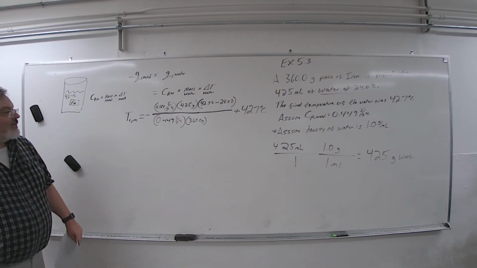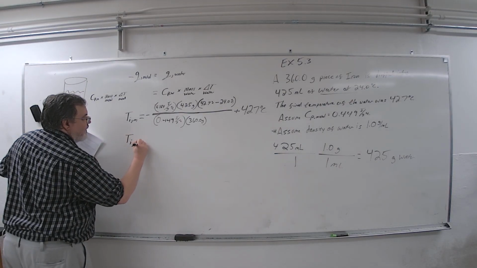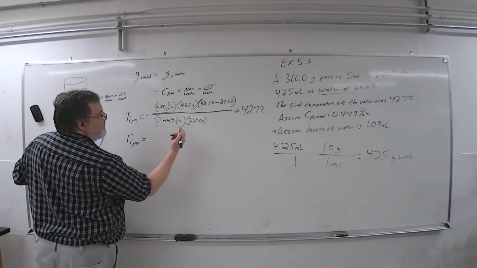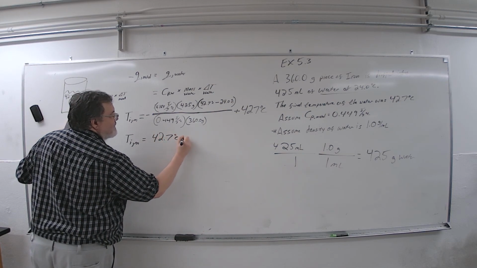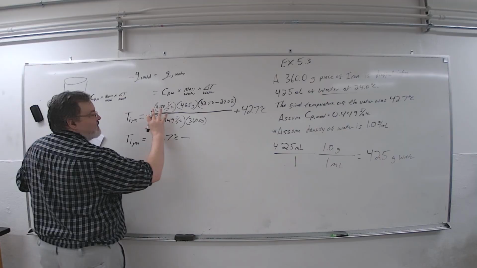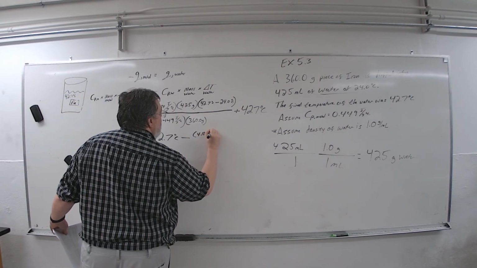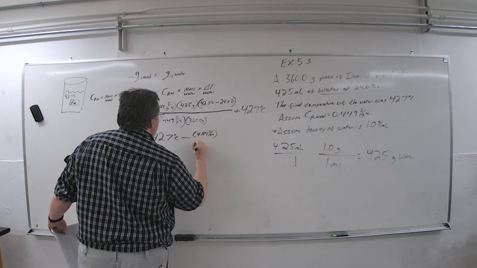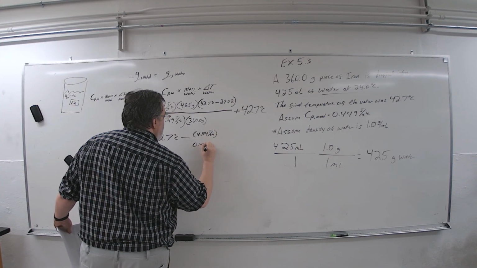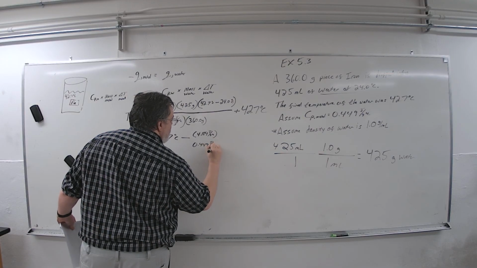What else should I do? As long as I'm being fancy, equals. I'm going to swap these two. 42.7 degrees C minus all of this. After all this, I'm going to end up with the wrong answer.